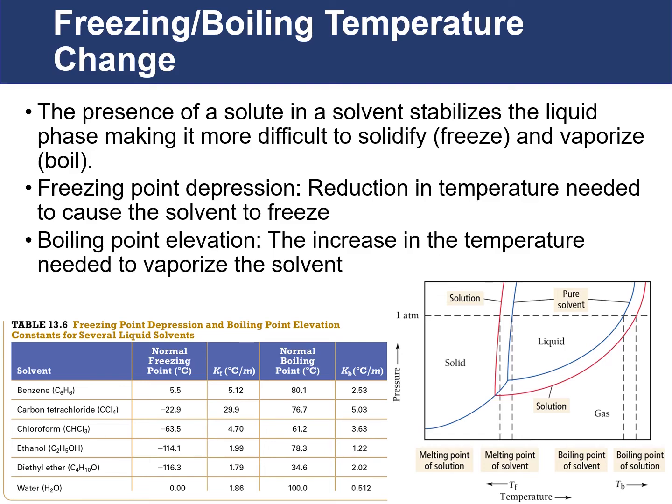The presence of a solute in a solvent stabilizes the liquid phase, making it more difficult to solidify, also known as freeze, and vaporize, also known as boil. The freezing point depression can be defined as the reduction in temperature needed to cause the solvent to freeze. The boiling point elevation is the increase in temperature needed to vaporize the solvent.